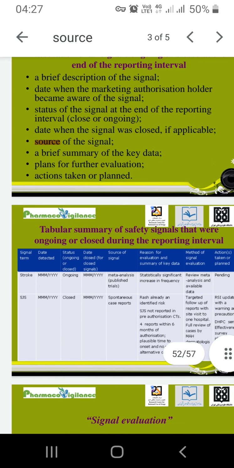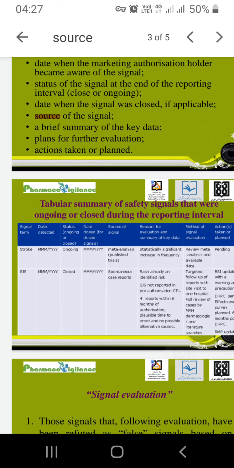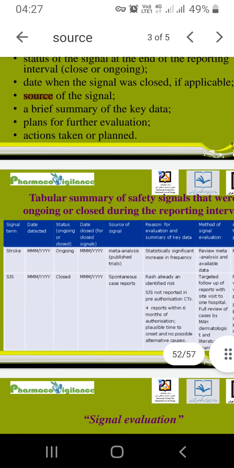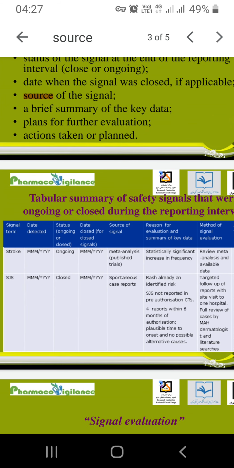Okay, tabular summary of safety signals that were ongoing or closed during the reporting interval. Signal term: stroke. Date detected. We should record it. Status: ongoing or closed. This is ongoing. Date closed for closed signals.